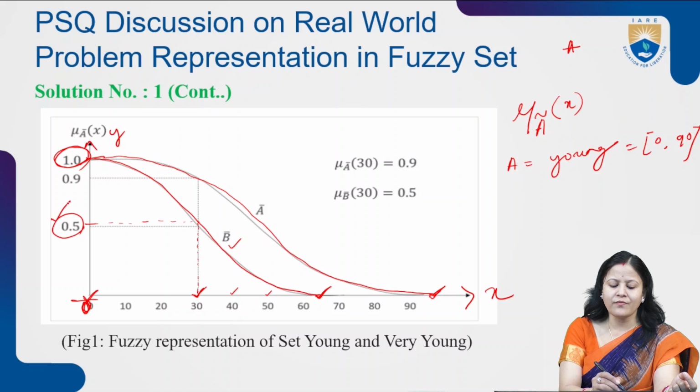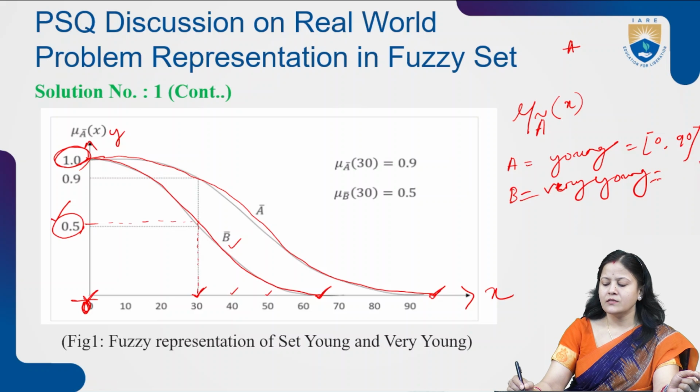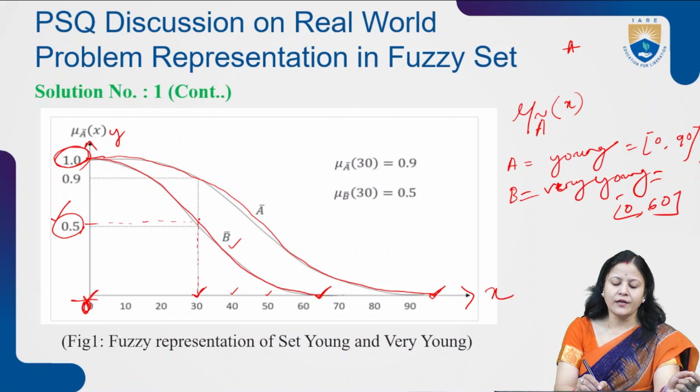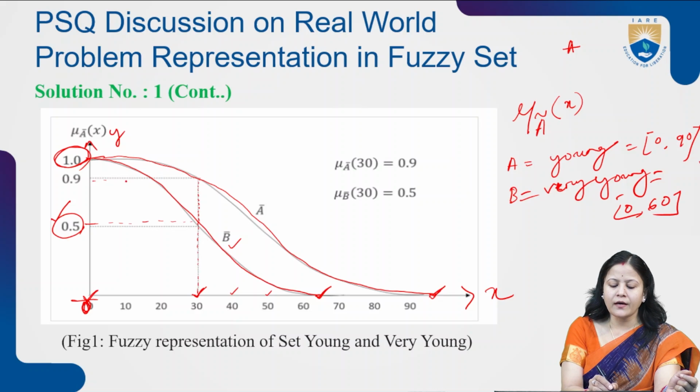This membership value is only for the very young people, that means whose age ranges between 0 to 60, the B set. And if you continue this line up to the next line, which represents the young people, that means set A, you will get a membership value of around 0.9.